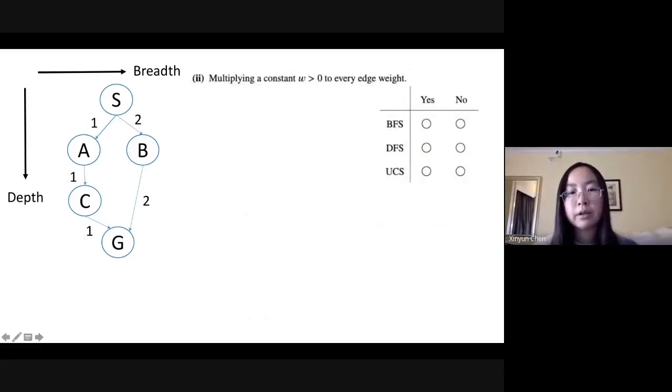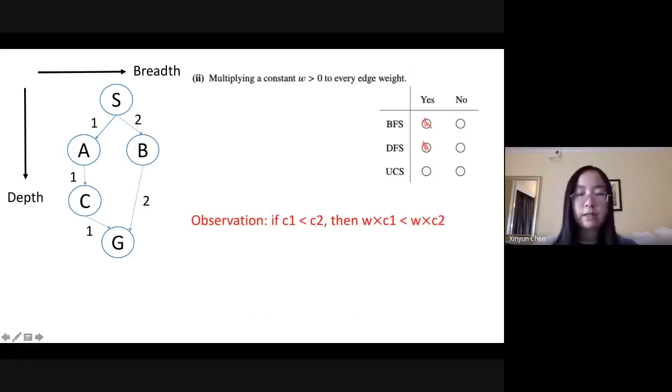But how about if we multiply a constant W to every edge weight? Again, for BFS and DFS, the answer is yes, the solution doesn't change in any case. And this time, for UCS, the solution will also not change, because if C1 and C2 are the cumulative costs for each path, then when we multiply them by a positive constant, this order is preserved.